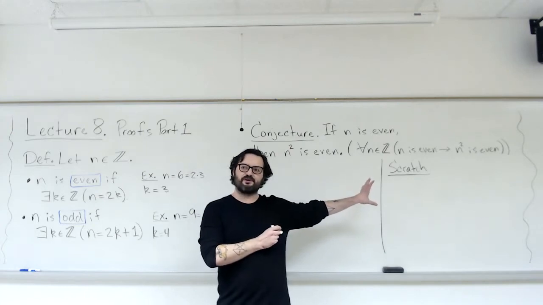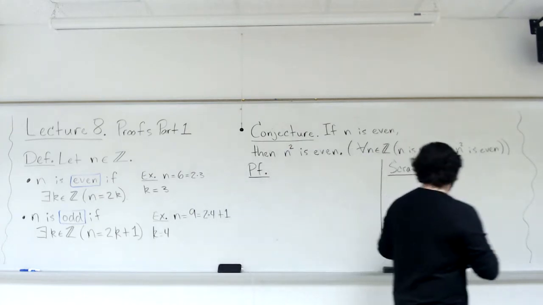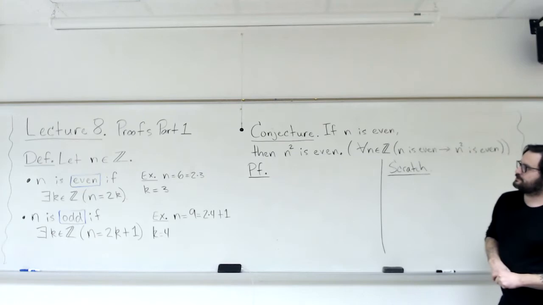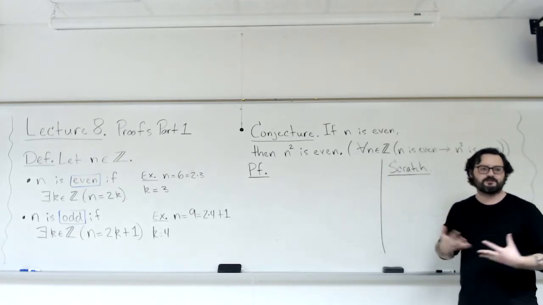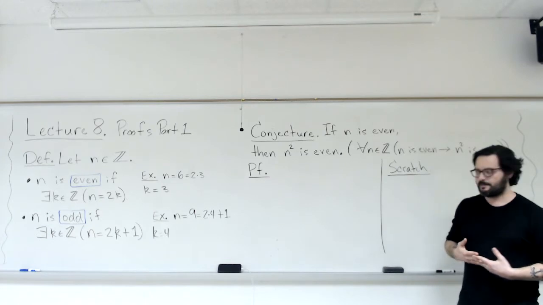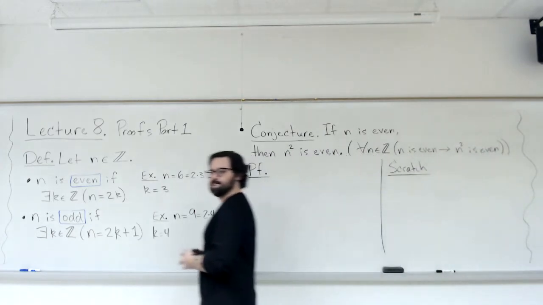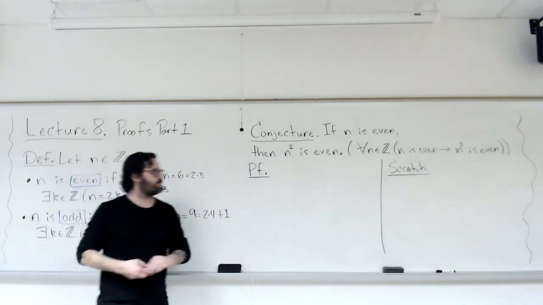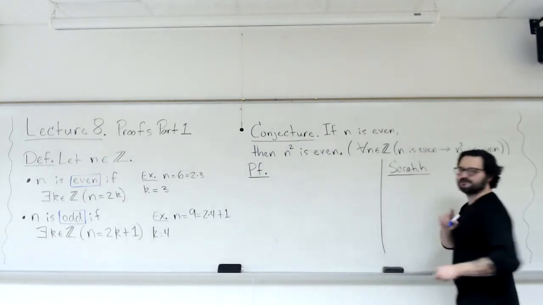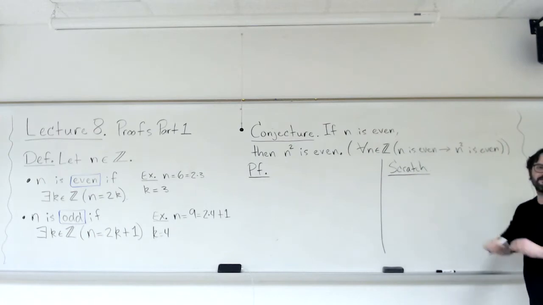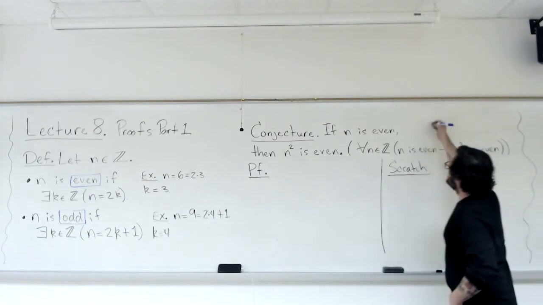Let's do some scratch work first. So the way that we're going to approach trying to prove this conjecture, or trying to figure it out, is in a direct way. So a direct proof.